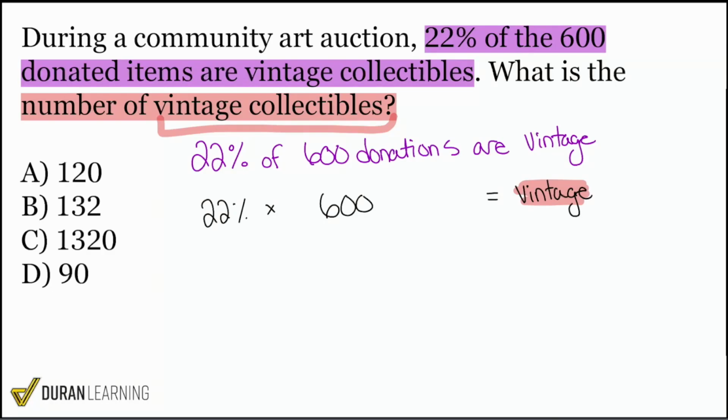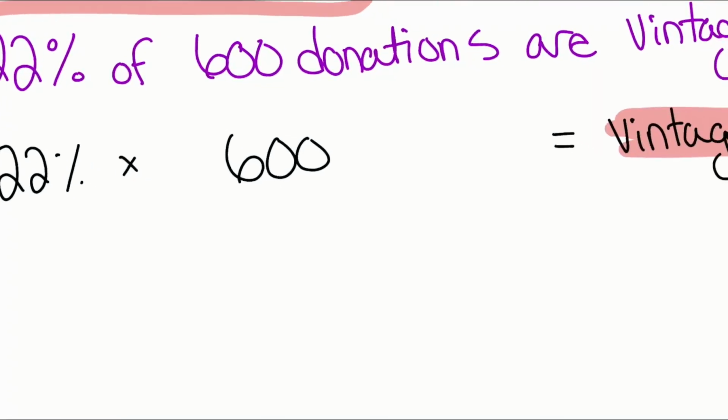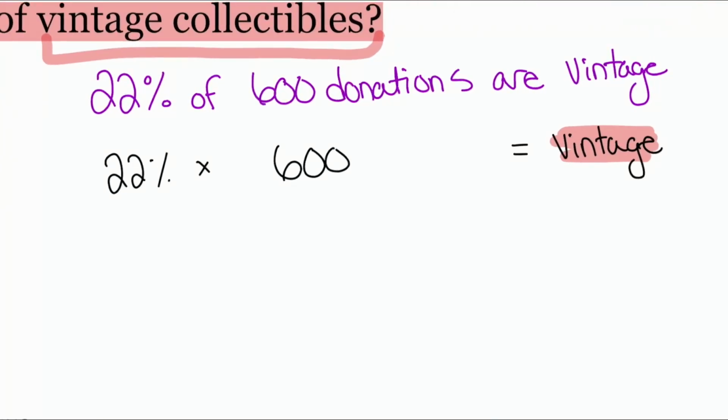Let's get it done. 22% as a decimal would be 0.22. However, everybody, if you are inclined to listen to me on some mental math, remember, all we need to do here is move that decimal place over twice to the left between either of these numbers. We can do it both over here, one here and one here, but just move it to the left twice in total.